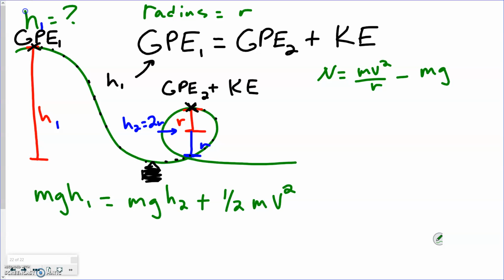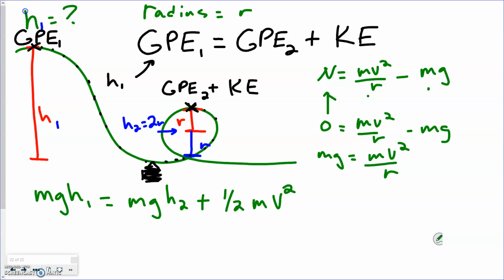The normal force equals the centripetal force, which is the force from going around the loop, minus the weight, which is pulling down away from the loop. And the point at which we fall is when N equals 0. When N equals 0, we know that these two have to be equal to each other.